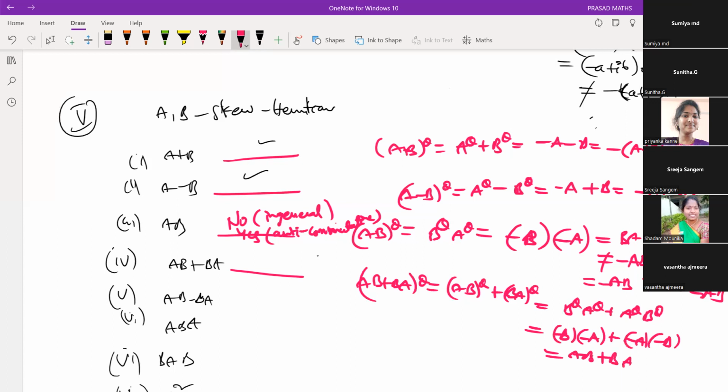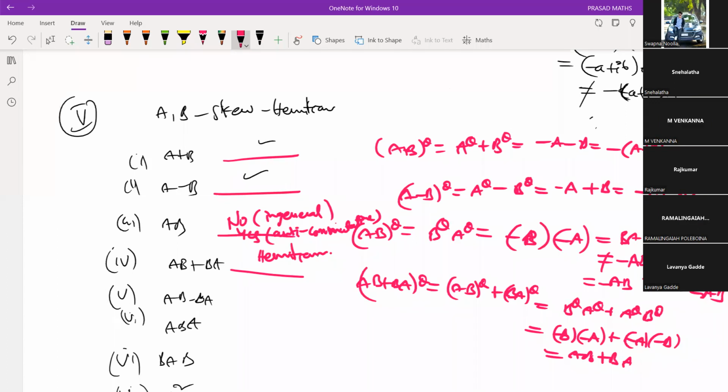In general, it is no. It is Hermitian, not skew Hermitian. AB plus BA whole theta is equal to AB plus BA. Therefore, it is Hermitian. It is not skew Hermitian in general. But if you provide AB plus BA is equal to minus of AB plus BA, then it is skew Hermitian. Same trick.